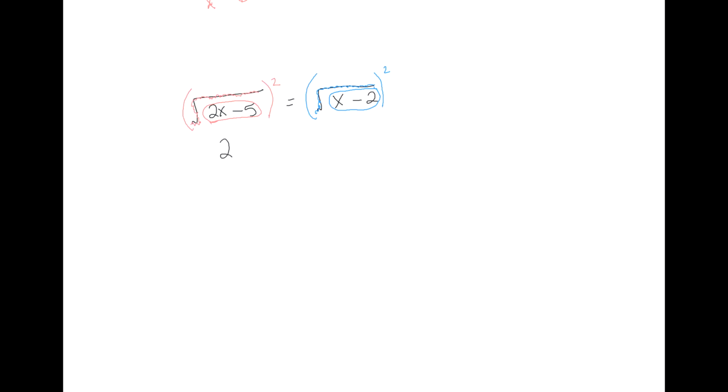So I have 2x minus 5 equals x minus 2. I like to have my x's on the left side.